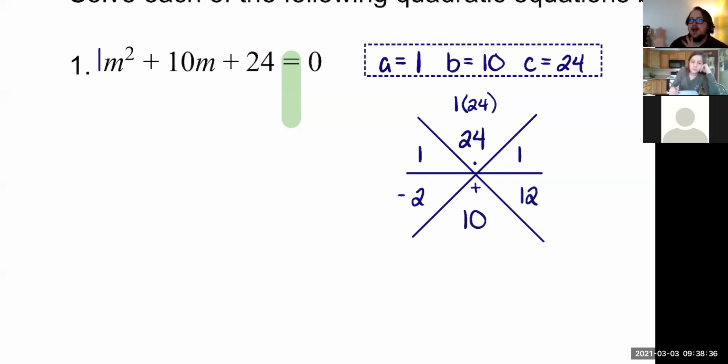So I put this one on here because sometimes you may have two different pairs that seem like they could work for different reasons. So you weren't wrong. You looked at a really useful pair here, but because of the way the signs are going to have to work out, we're going to have to go with the 4 and the 6.